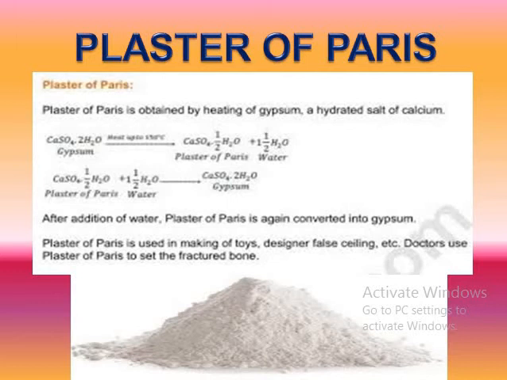So we cannot expose it to the open air just like that. We have to seal it after use, otherwise it will change back into gypsum, and gypsum cannot change back into POP without strict conditions. Again we have to follow the process of strict heating at 373 Kelvin.